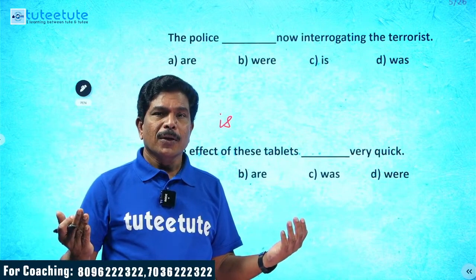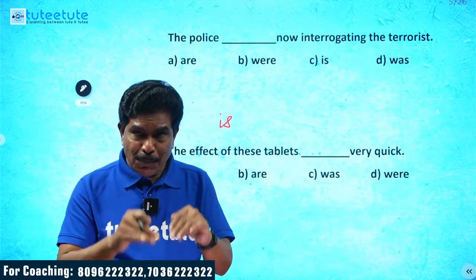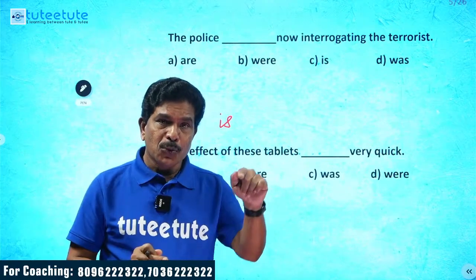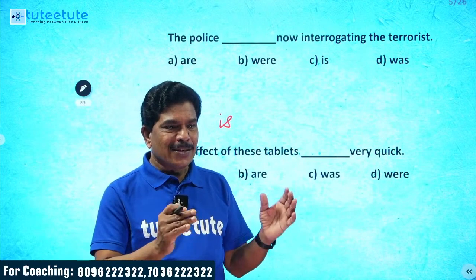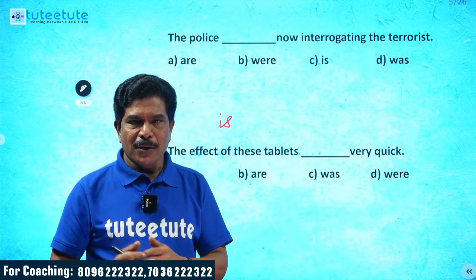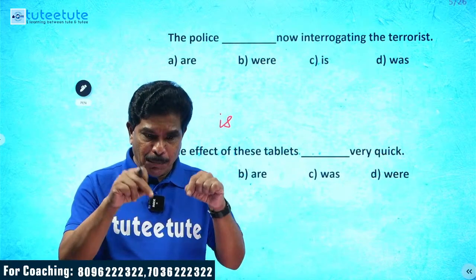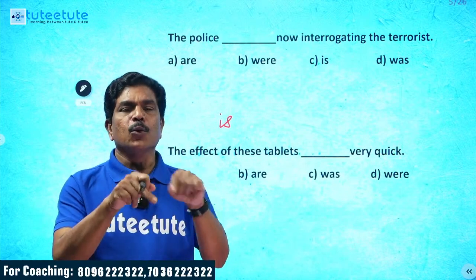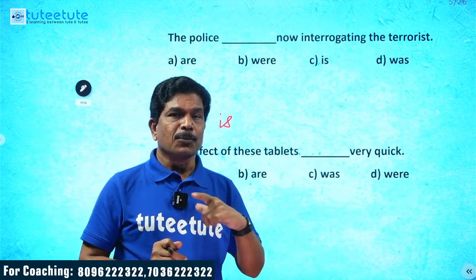We know, not the system of police, it is the police personnel. You need policemen to question the terrorist. The system won't come to question the terrorist. Instead, we must mention the people, the policemen or policewomen in the group. On such occasions, we consider it plural.